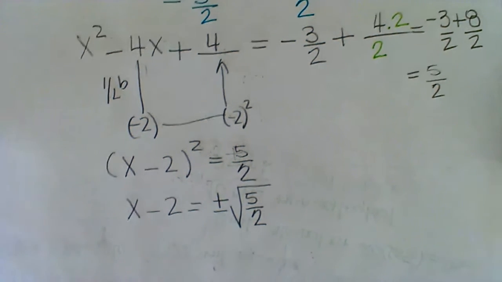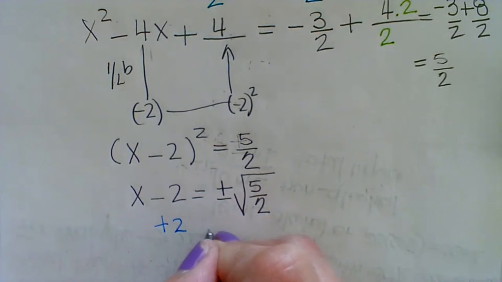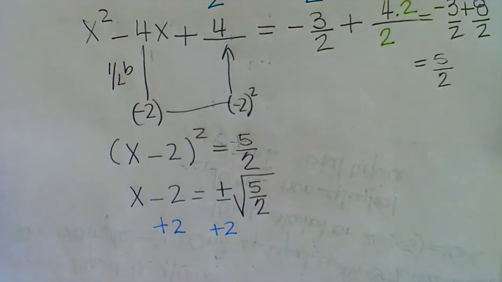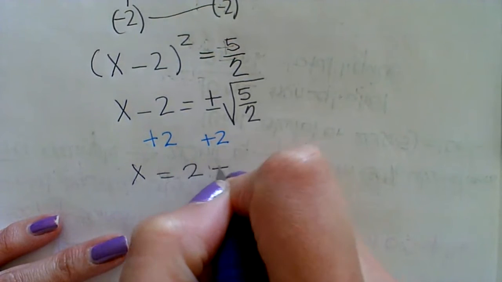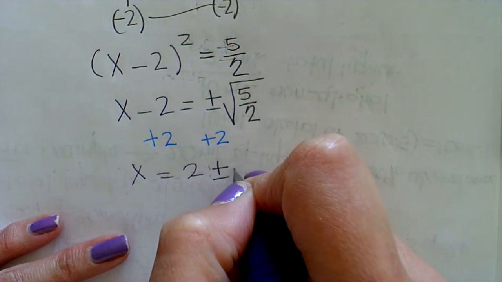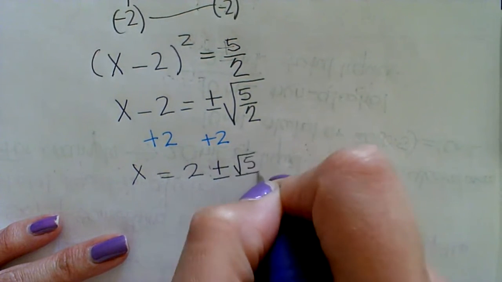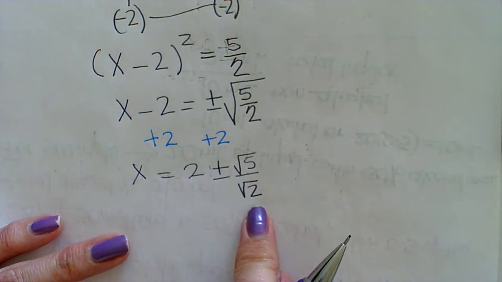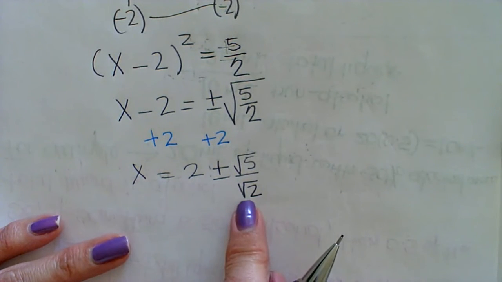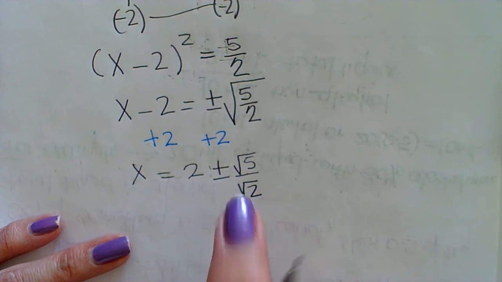Now I need to add 2. So what do I get? x is equal to 2 plus or minus square root of 5 divided by the square root of 2. What do I need to do here? I need to rationalize. I cannot have a square root in the denominator.